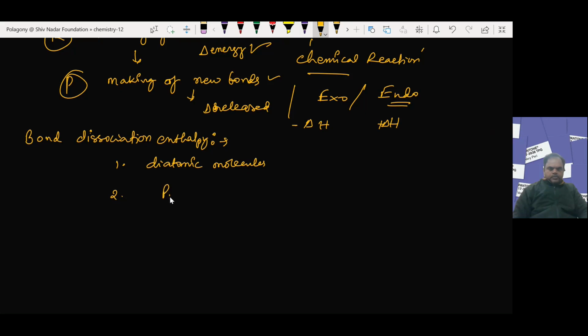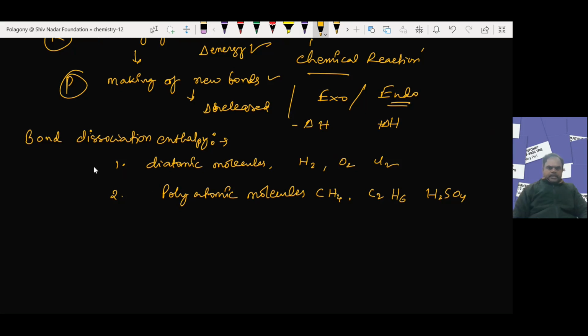Number two, polyatomic molecules. The diatomic molecules are like H2, O2, Cl2. Polyatomic molecules are like CH4 and C2H6, or H2SO4.